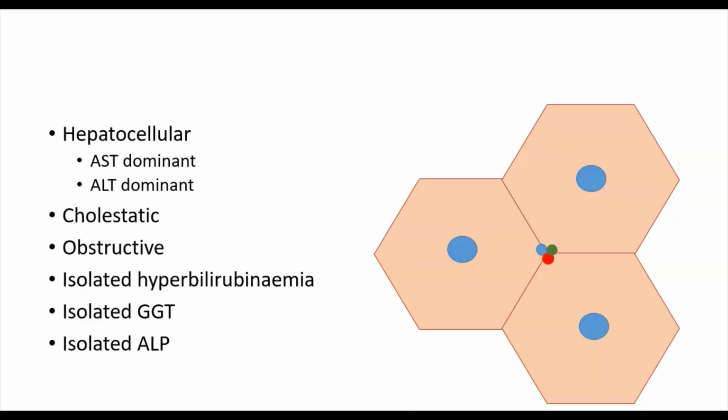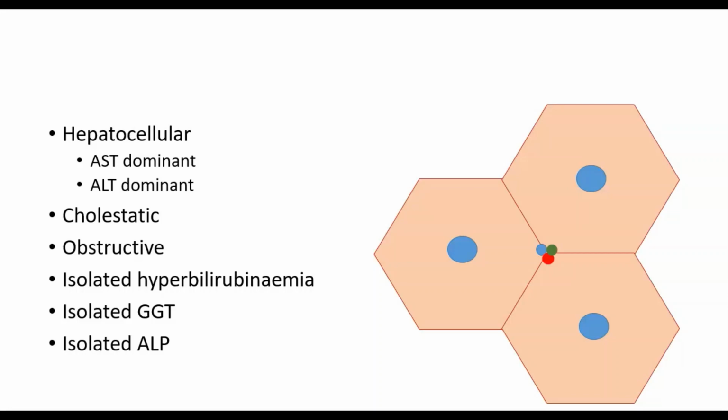I'll talk about the biliary tract anatomy very soon, but just to go over the remaining patterns, there is isolated hyperbilirubinemia, where there's a high bilirubin, but usually no more than about 70 or 80 maximum, with everything else being normal, usually indicative of something called Gilbert's syndrome, where there is a promoter mutation in the UDP glucuronyltransferase gene, and hence a reduced ability to perform conjugation, and so under states of physiological stress, there tends to be a buildup of unconjugated bilirubin.